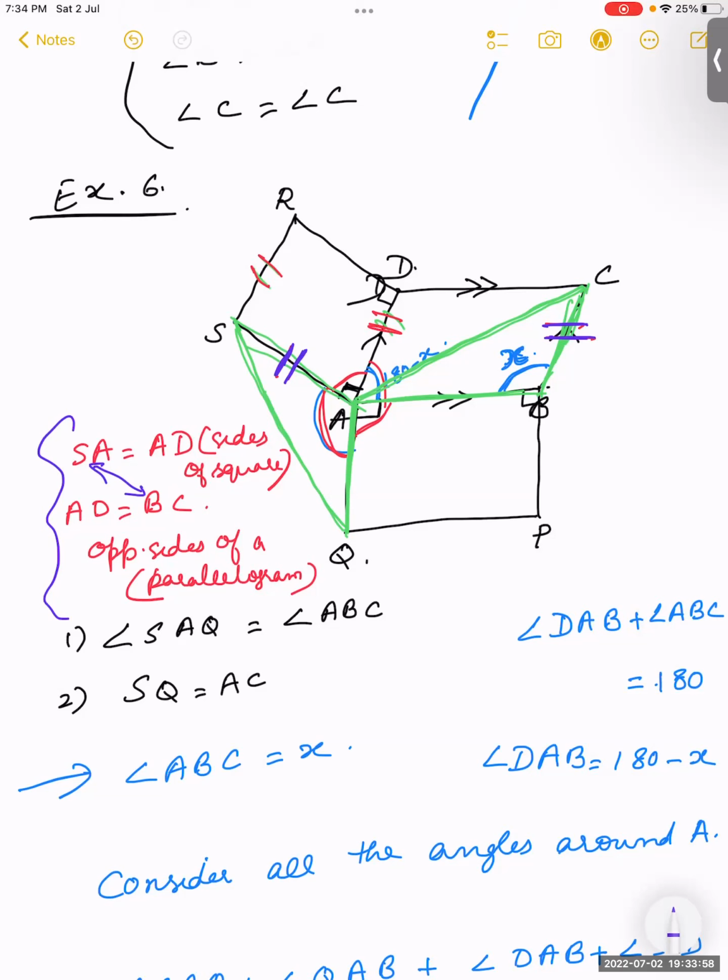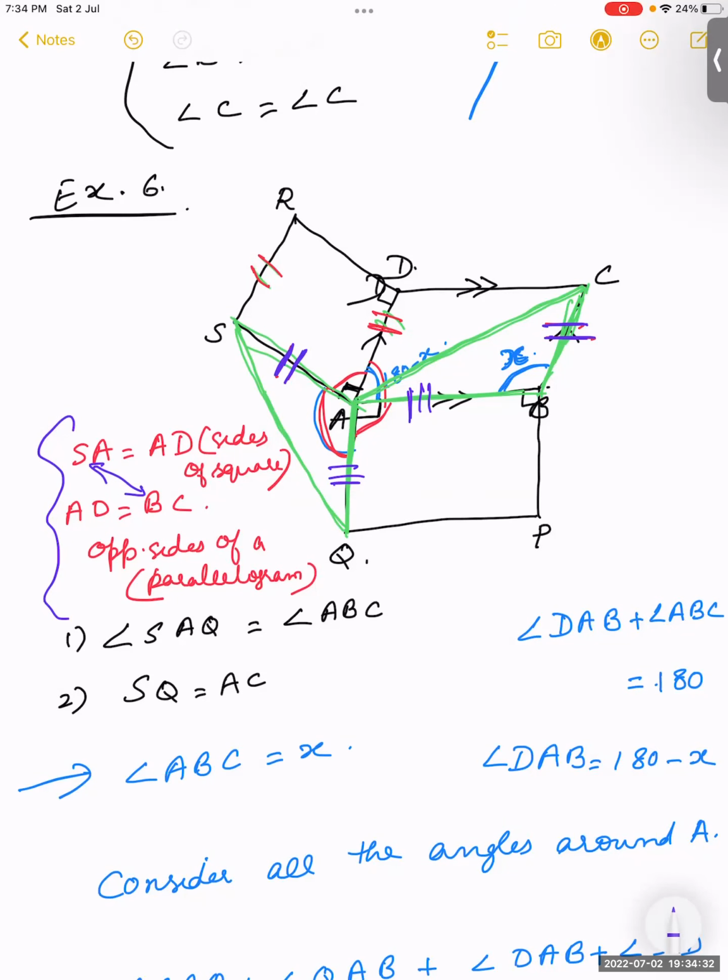Now, what about AQ? Similar concept. AQ and AB are equal or not? Because that's again a square. Remember, ABPQ is a square. When I say ABPQ is a square, all the sides of a square need to be equal. Got it?